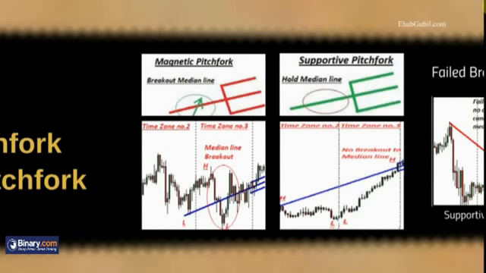The 2 shapes of the 2 types of the PF are, as you can see in the charts. The major difference between magnetic PF and supportive PF is that the median line has a breakout in magnetic PF and no median line breakout in supportive PF.